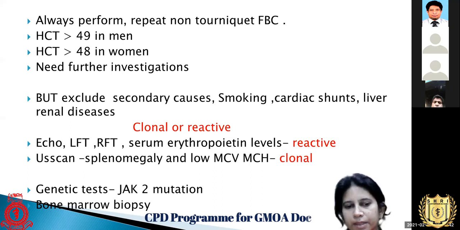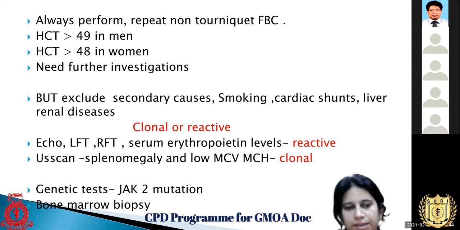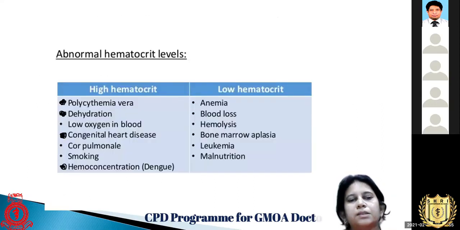To confirm that, you have to perform JAK2 mutation and bone marrow biopsy. So this patient actually had primary polycythemia. So abnormal hematocrit, as again I'm repeating: PRV, dehydration, congenital heart disease, smoking, and hemoconcentration.